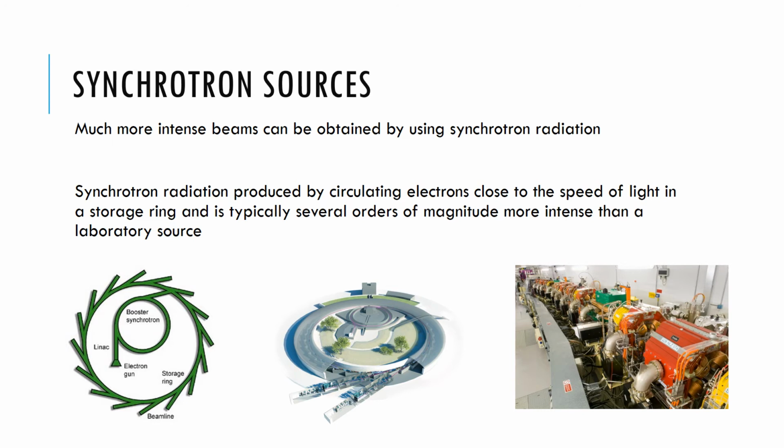What happens here is that you accelerate or circulate electrons very close to the speed of light around a storage ring. Tangentially away from the circulating electrons come X-rays, or Bremsstrahlung as we call them, very intense X-rays. And you can use those X-rays to measure the structure of compounds through diffraction.